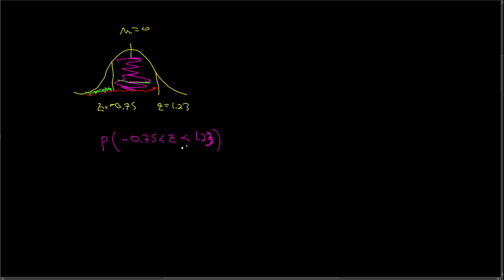The probability of z, or the area under the curve, between negative 0.75 and 1.23 is the probability of z being less than 1.23 minus the probability of z being less than negative 0.75. So we can subtract the two probabilities.